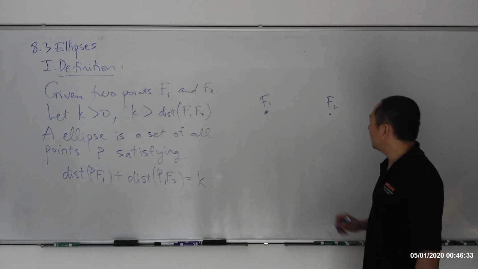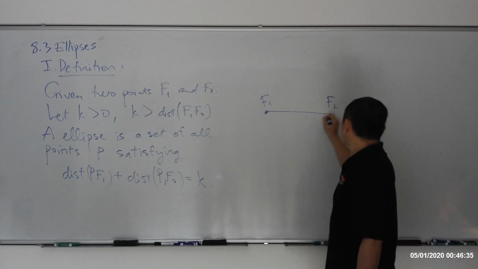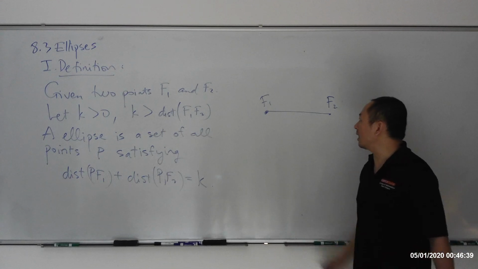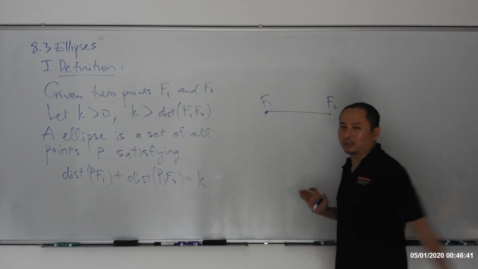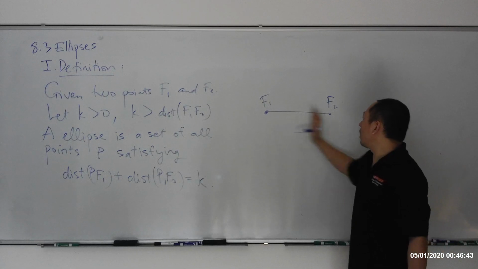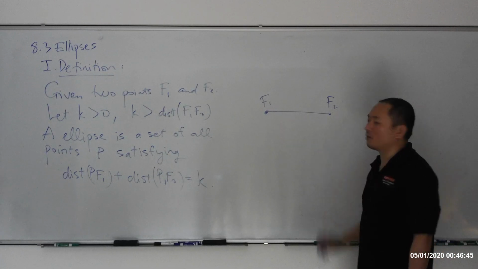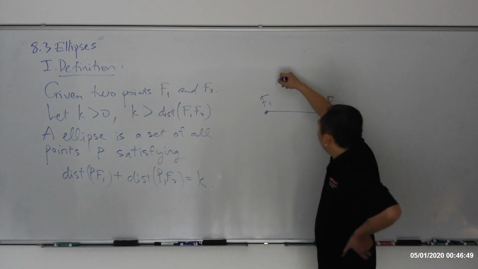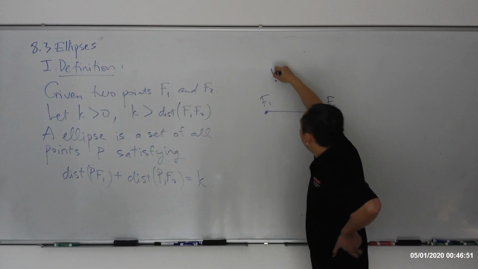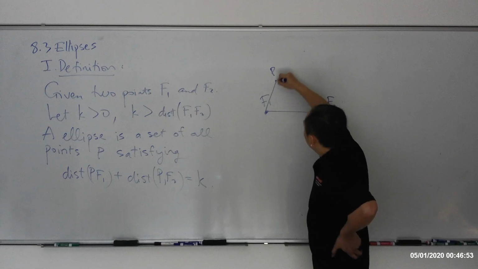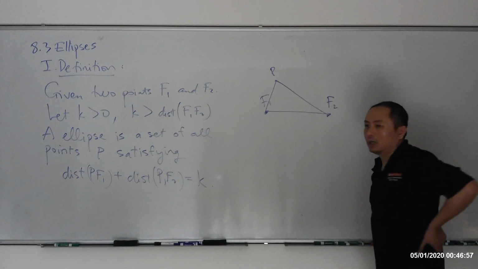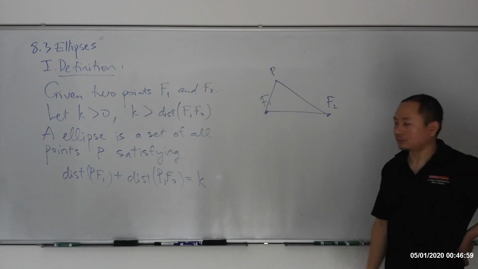K is just a positive number, and K is bigger than the distance from F1 to F2. So how do we define the ellipse? We find all the points P such that the distance from P to F1 plus the distance from P to F2 is equal to a constant K.